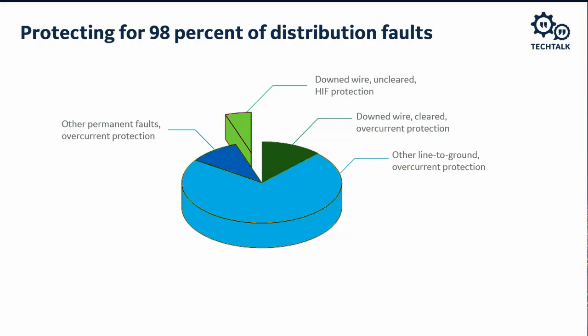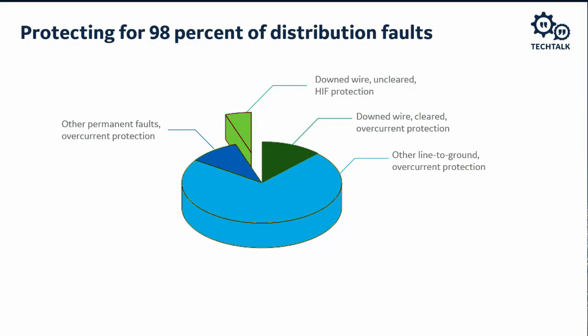And the goal is 100% detection of all HIFs, but in reality it's impossible to detect all high impedance faults. However, experience shows that 60 to 85% of HIFs are detectable. So it's possible to achieve a large degree of dependability and security with a reasonably priced detection system.